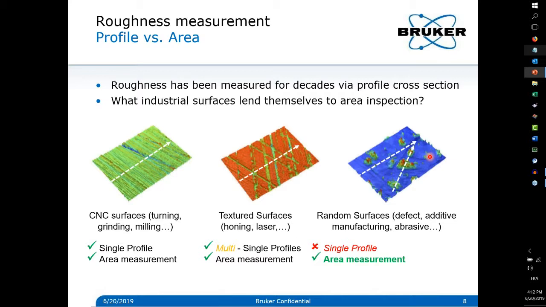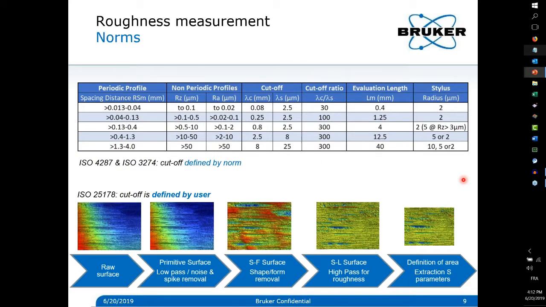So in that case, a single profile is not the solution and will not be representative. In that case, areal measurements, so full field of view, will be mandatory. So depending on your application, you may want anything from a single profile to full areas, depending on how complex and how random the surface is.